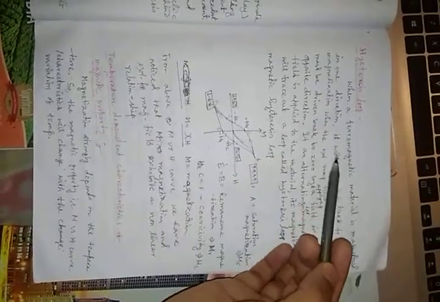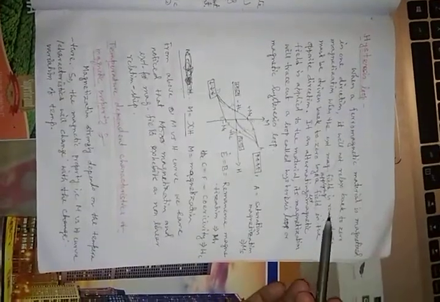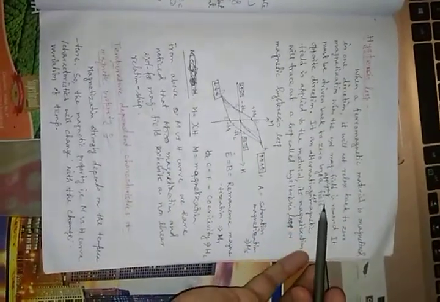Now when a ferromagnetic material is magnetized in one direction, it will not relax back to zero magnetization when the external magnetic field is removed.